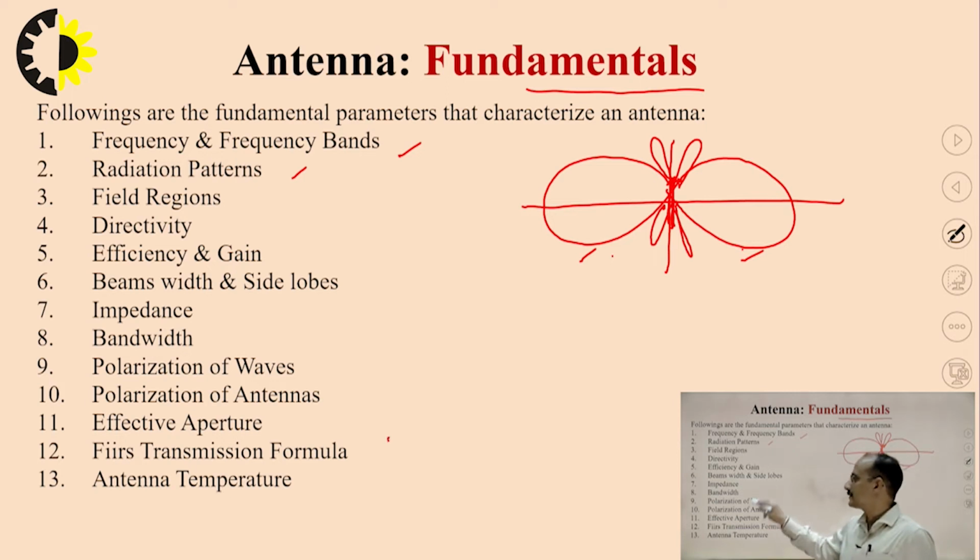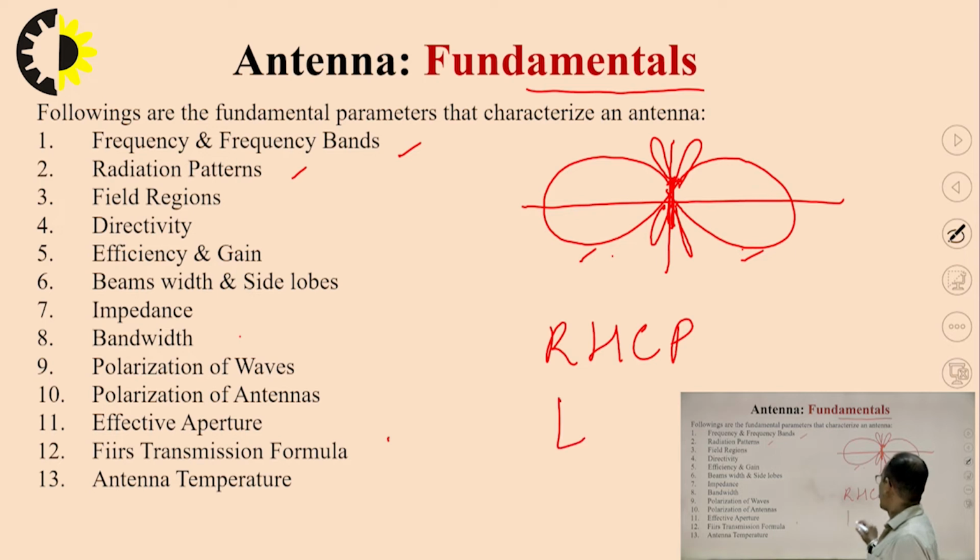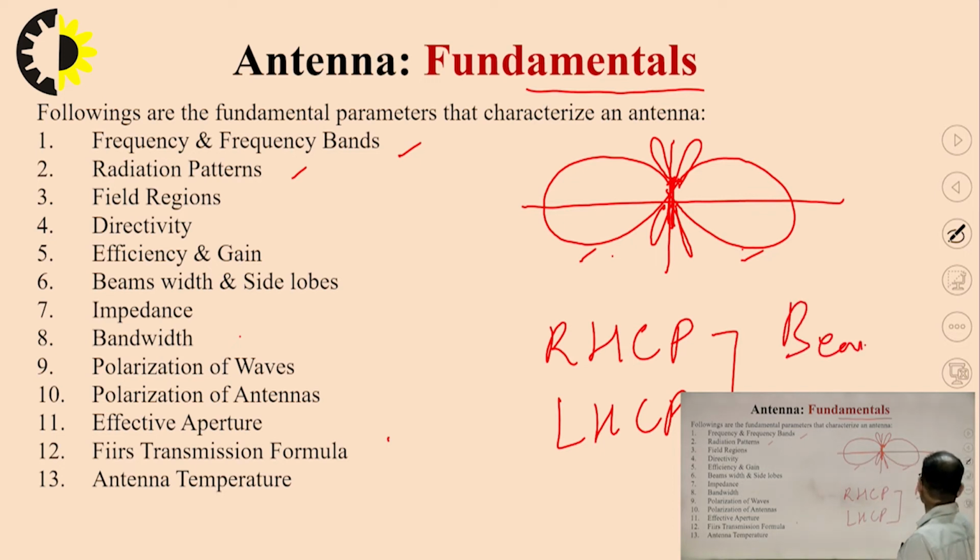Similarly, there are the impedance, the bandwidth, and which kind of polarization is used by the antenna, because when we are talking about the transponder, right hand circularly polarized and left hand circularly polarized individual antennas are used for specific beam operation.